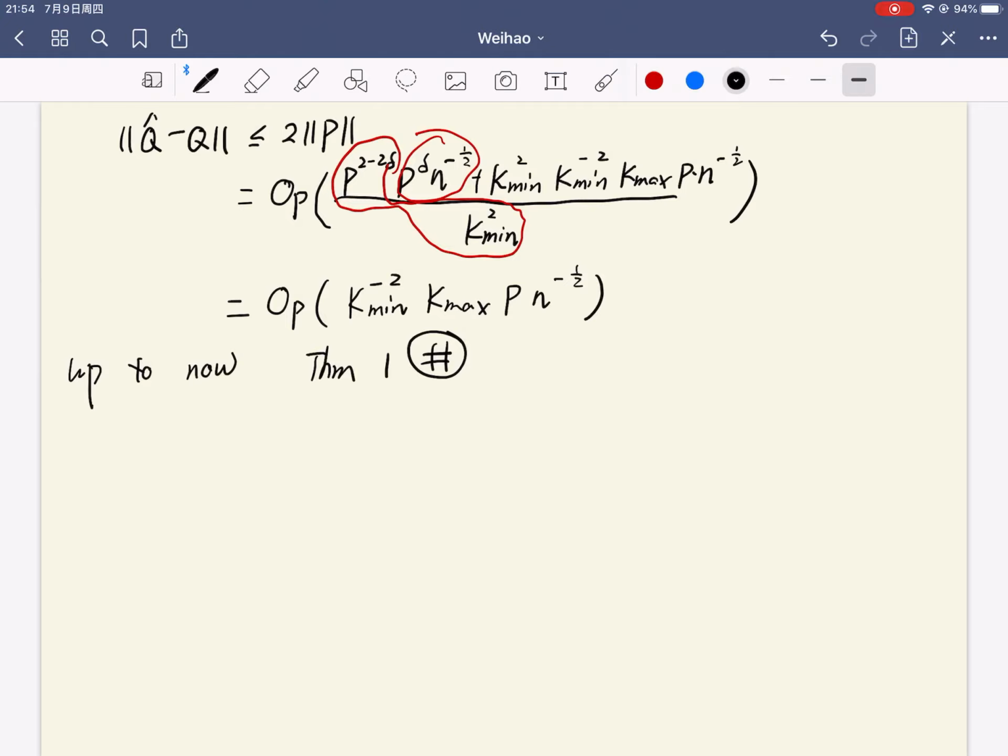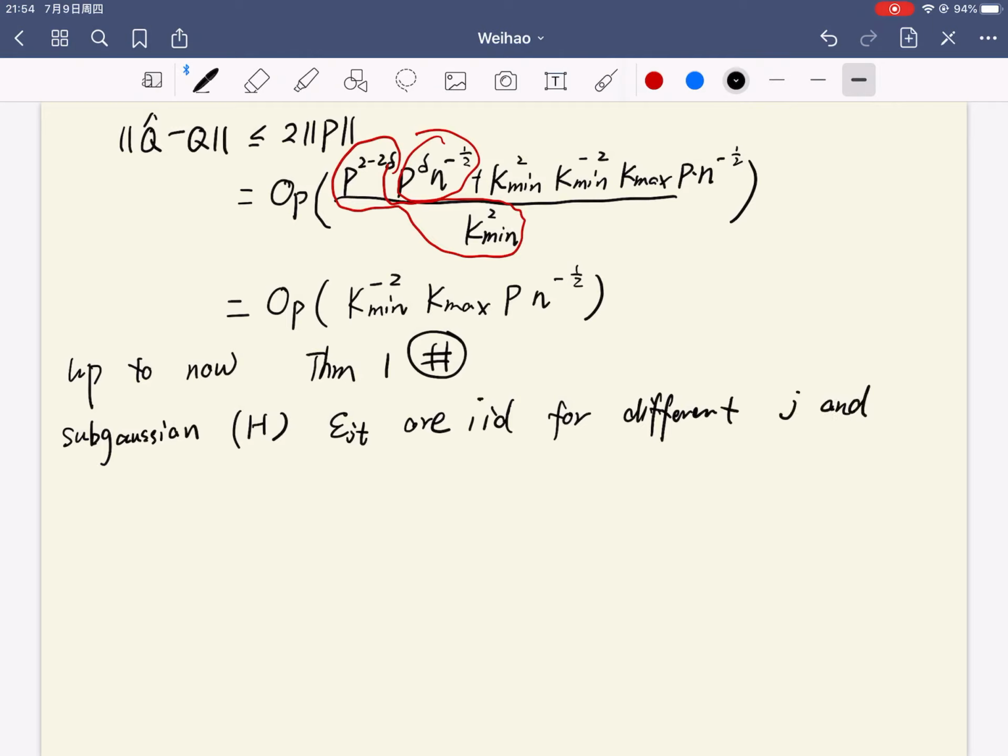In the paper, we consider the sub-Gaussian assumption, which is given by: for each entry of epsilon, IID for different times and different entries, the variance of it is equal to some finite number.